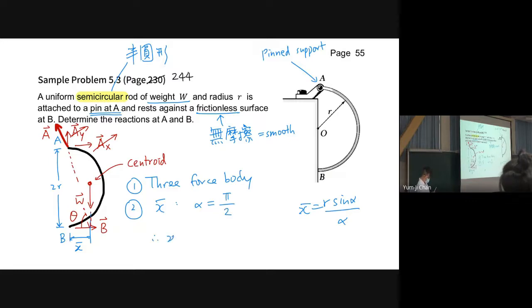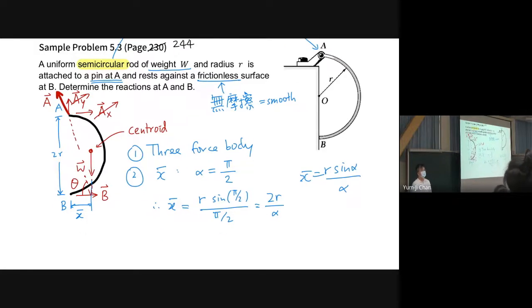Therefore, x bar is equal to r sine pi over 2 divided by pi over 2, which is 2r over pi. Oh, right, sorry. Yes, thank you. 2r over pi.